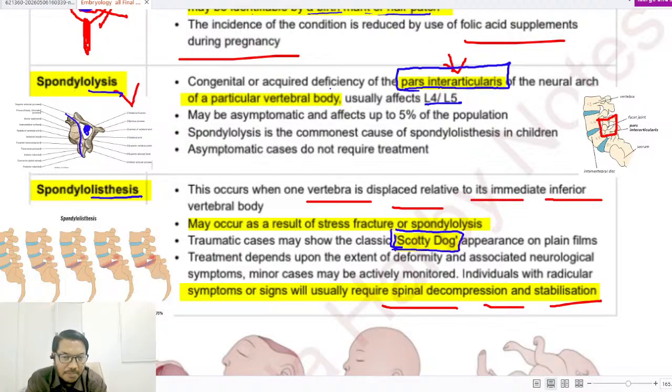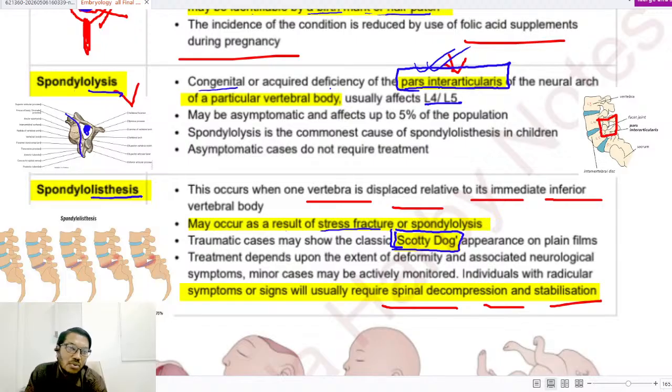This is an example clue. In spondylolisthesis, you can see in the picture, there is sliding of one vertebral body over another, and it looks like a Scotty dog. It may occur as a result of stress fracture.